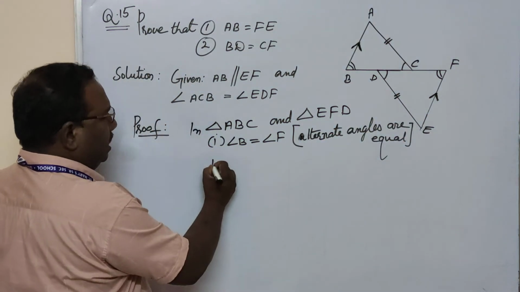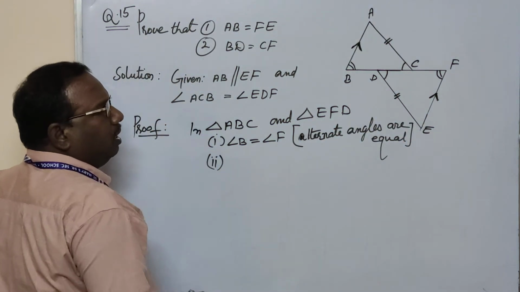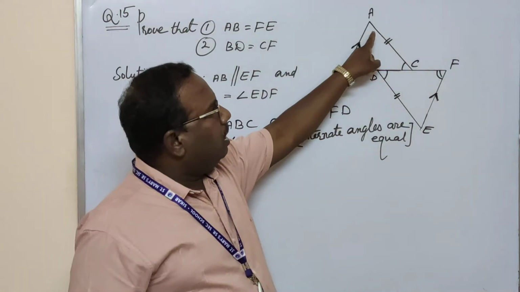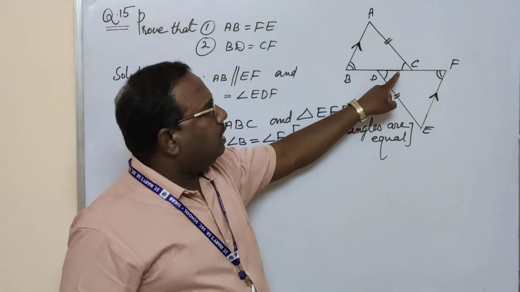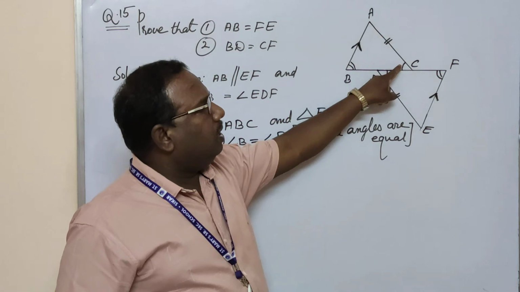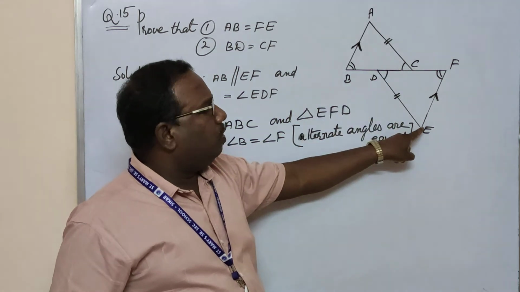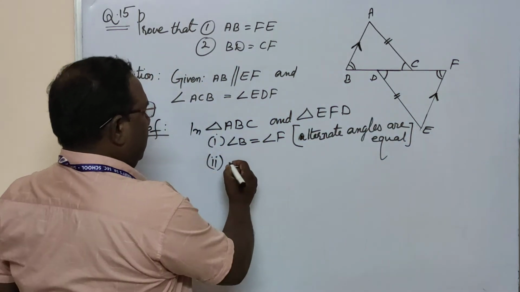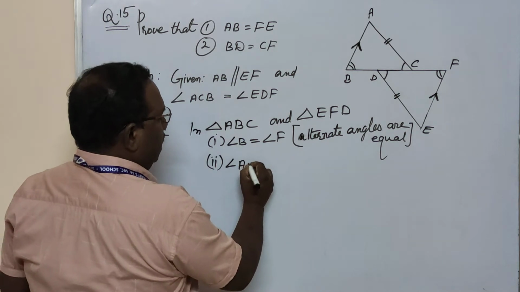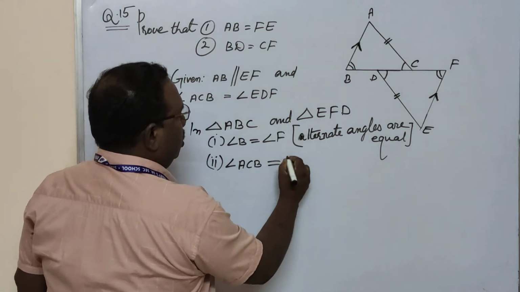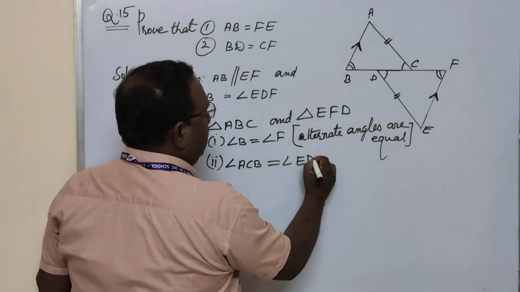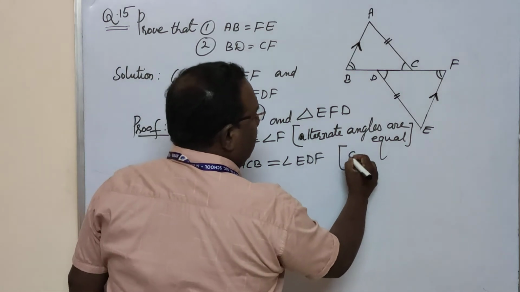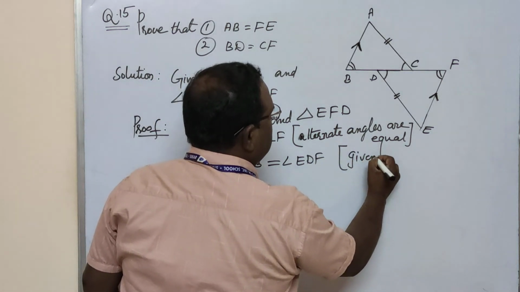And what is the second point? Angle ACB. Look at the board. Angle ACB is equal to angle EDF. Reason: given. This point is given in the question.